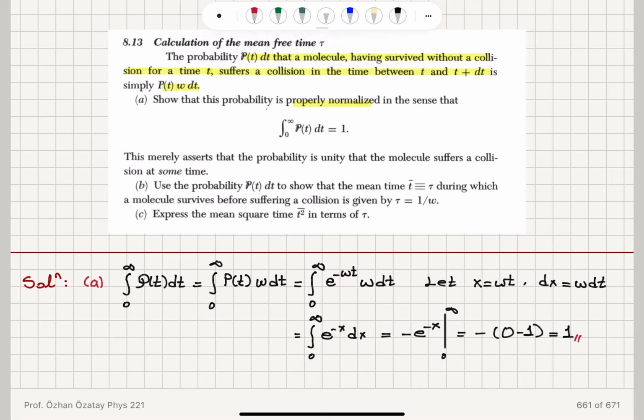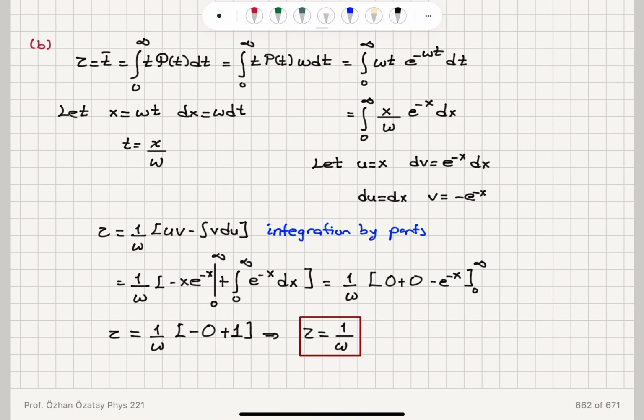Now, we use this probability distribution to find tau is equal to 1 over omega, the mean free time a molecule survives before suffering a collision. The mean value of time t, the time before it suffers a collision. When does it suffer a collision? In the time interval t to t plus dt.